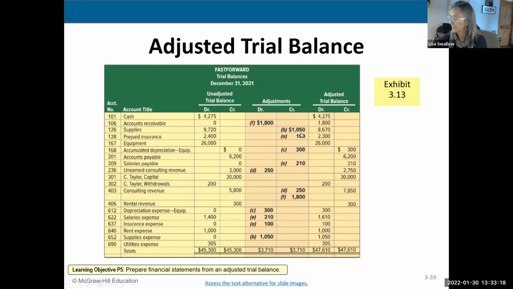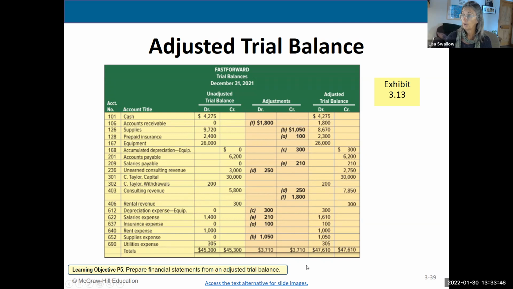So 9,720 minus 1,050, 8,670 is what I pull over to my adjusted trial balance. Let's do one more. Prepaid insurance started with a debit balance of 2,400. Then I had an AJE of a credit of $100. So I pull over $2,300 debit, etc.